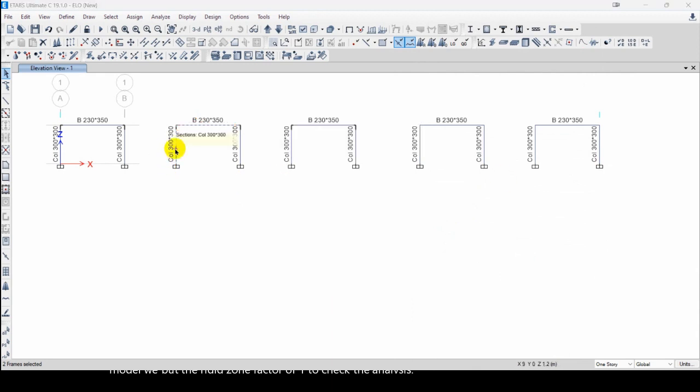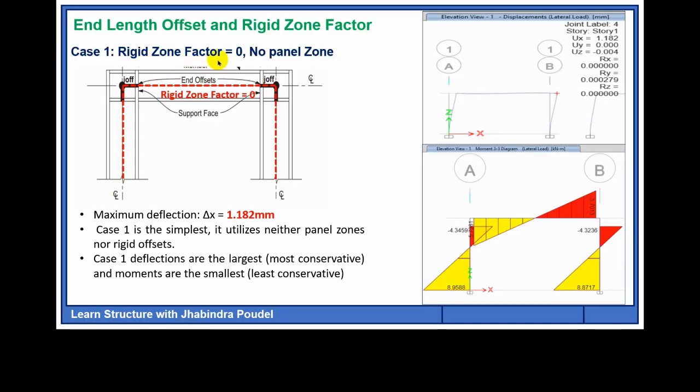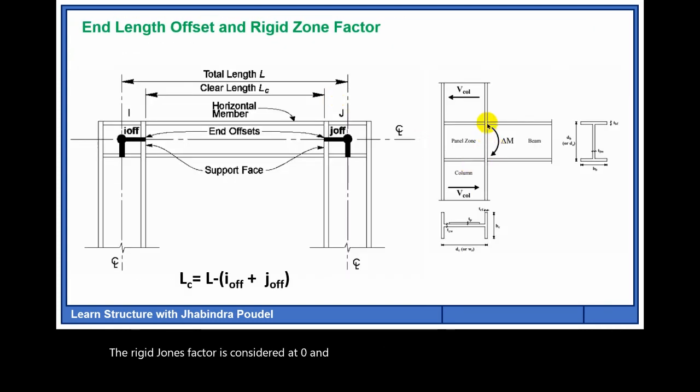Here I modeled the same frame with 5 different rigid end offset or rigid zone factor assignments. In the first one, the rigid zone factor is considered as 0 and no panel zone. The length is taken from this edge, I mean the end length offset.